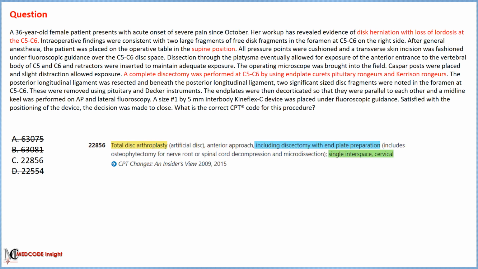So our correct option is option C with code 22856 used for total disc arthroplasty, anterior approach including discectomy with end-plate preparation, single interspace cervical.